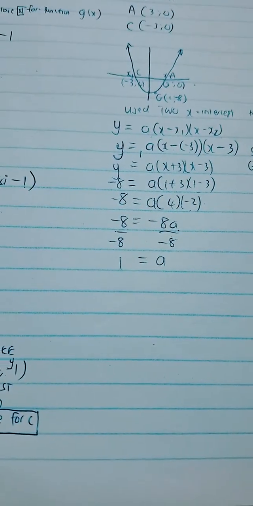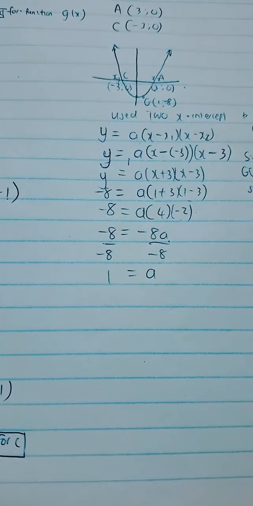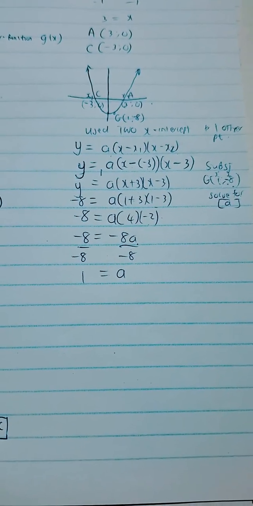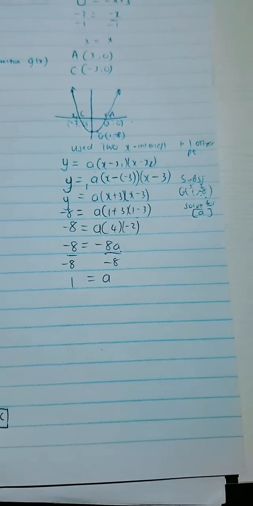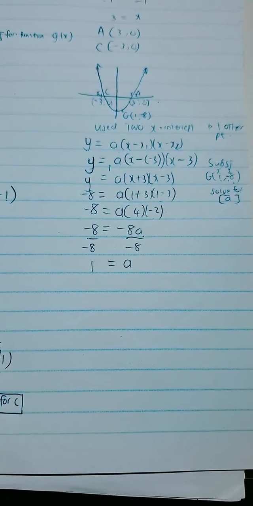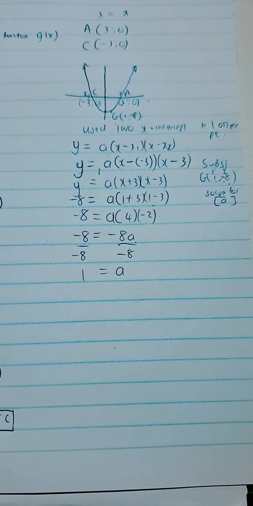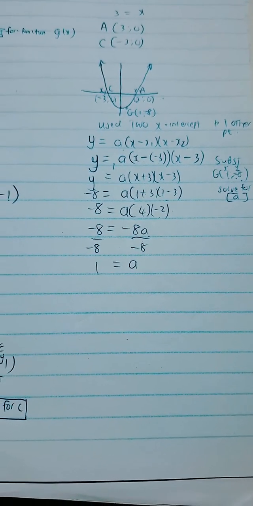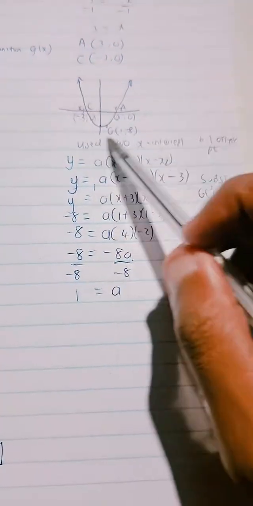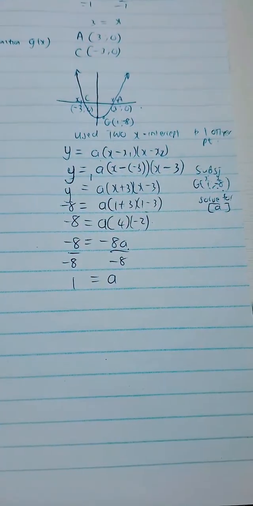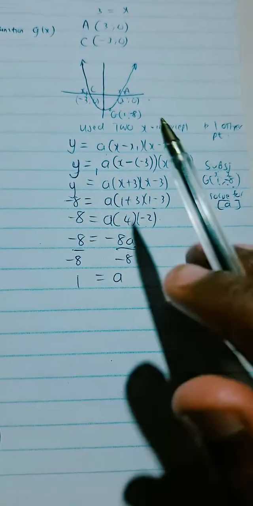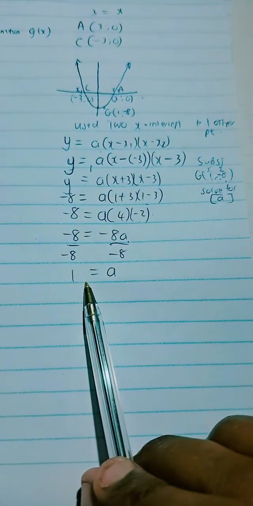Does A being +1 make sense? If you look at the shape of the graph, that is one of the things that you just check, because of what you know about A. Yeah, it's a smile face. So if A is +1, it makes perfect sense, which means my substitution and also my algebraic skills have been applied well to get me here.